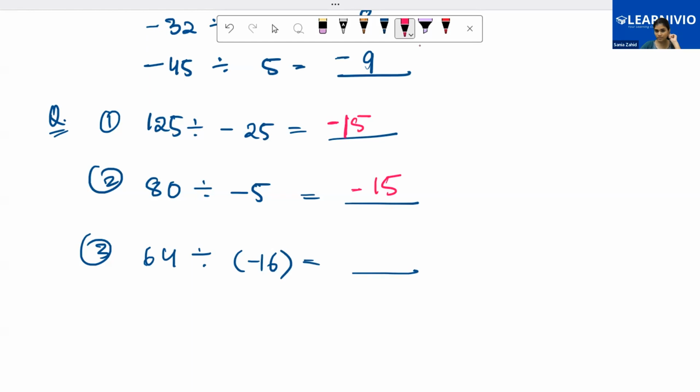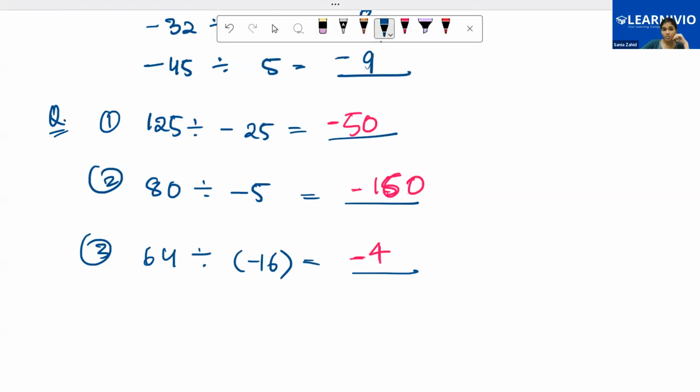Next is... The last one, -4. Ma'am, the second one I got -16. Ma'am, it's -160.